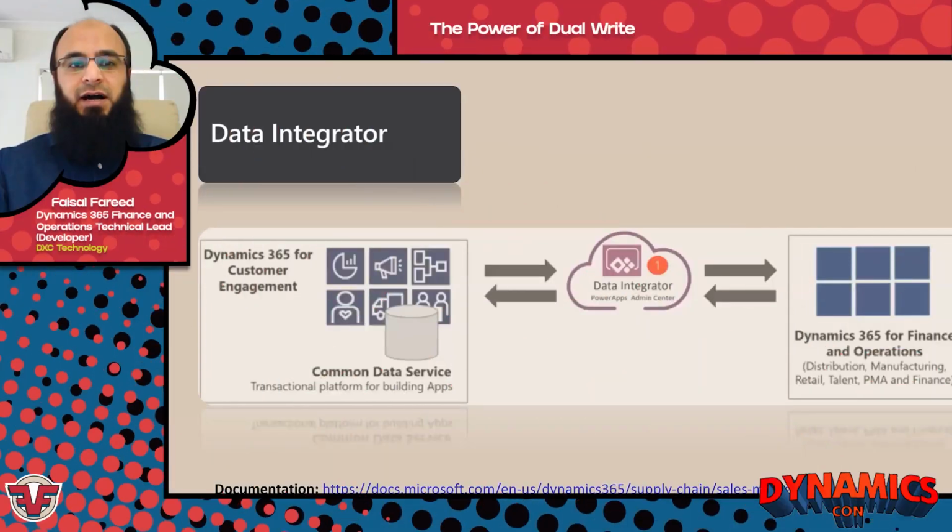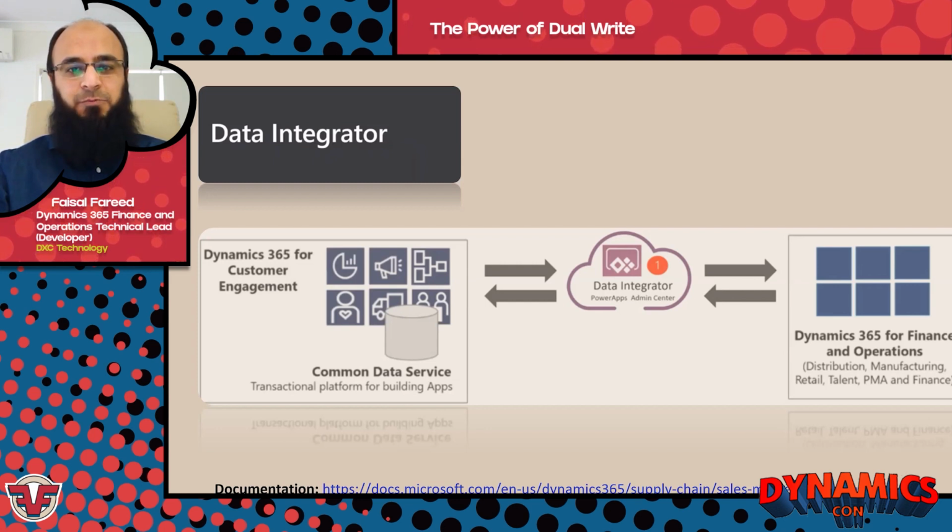As I said, I would like to start first with data integrator. As you can see on the left side of the picture, we have the common data services, which has all the apps from Microsoft Dynamics 365 for customer engagement. On the right-hand side, we have all the apps from finance and operations. These are two different instances with different apps. Now, how do we integrate them so they can talk to each other?